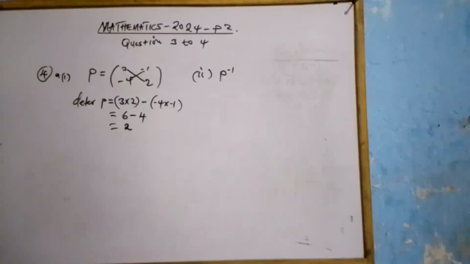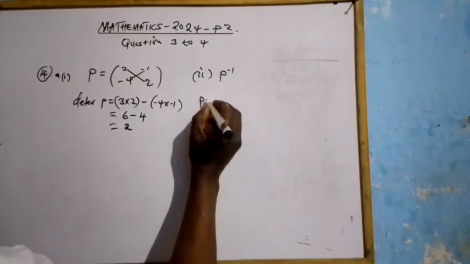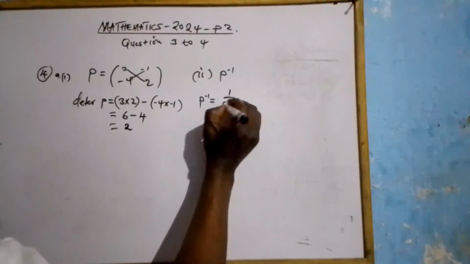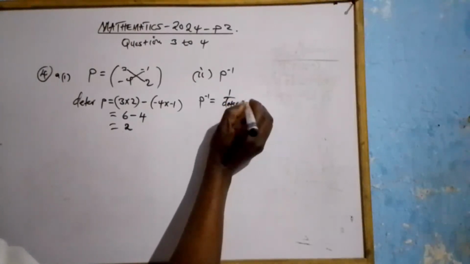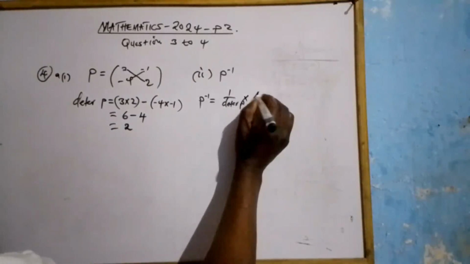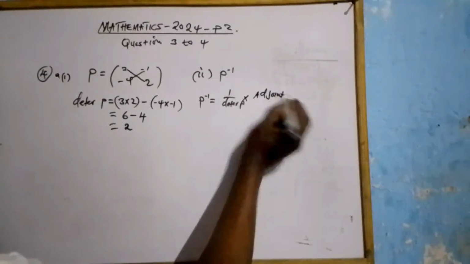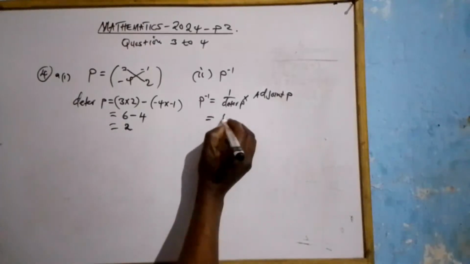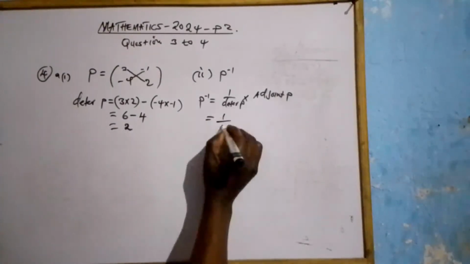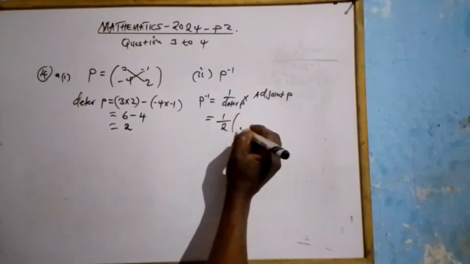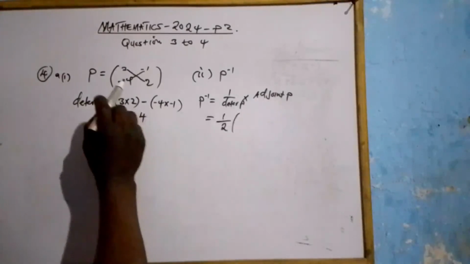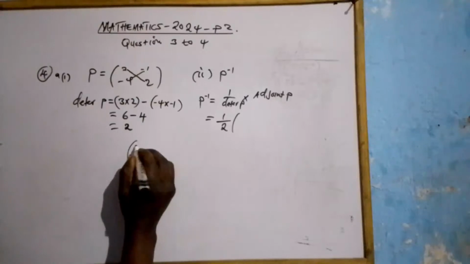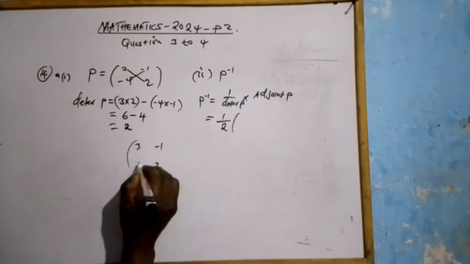P inverse is equal to 1 over delta P times the adjoint of P. We know that delta P is 2, so 1 over 2, then open brackets, adjoint of this matrix, which is 3, 2, minus 1, minus 4.